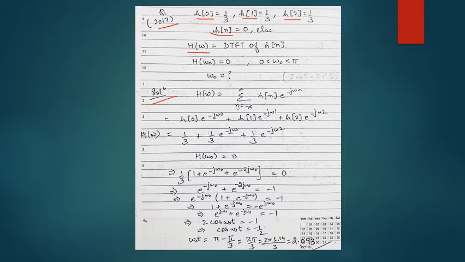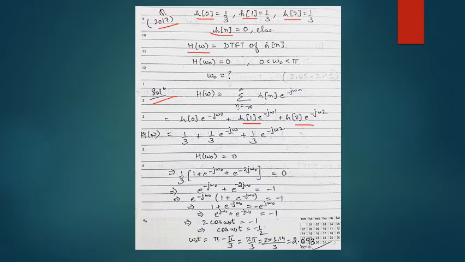So we get h of 0 e raised to the power minus j omega 0. Why did we put a 0 here in the power? Because when we take n equal to 0, the complete term contains the value of n as 0. In the next term, we get h of 1 e raised to the power minus j omega 1. And when we take n equal to 2, we get h of 2 e raised to the power minus j omega 2.